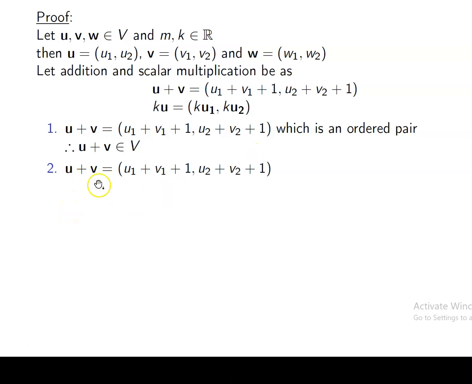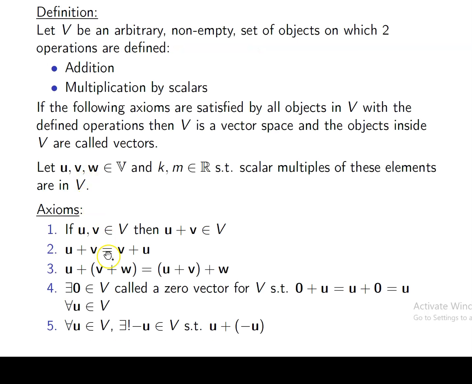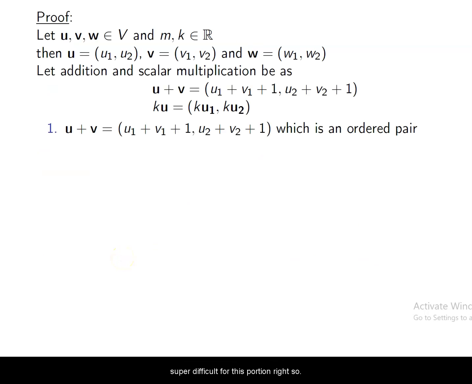Okay. Now I'm trying to get to V plus U. What would V plus U look like? Well, if U is first, then look at the U's are first. But if I'm trying to get to this property where it's V plus U, I got to move the V's in front. It's really that easy. It's not super difficult for this portion, right?